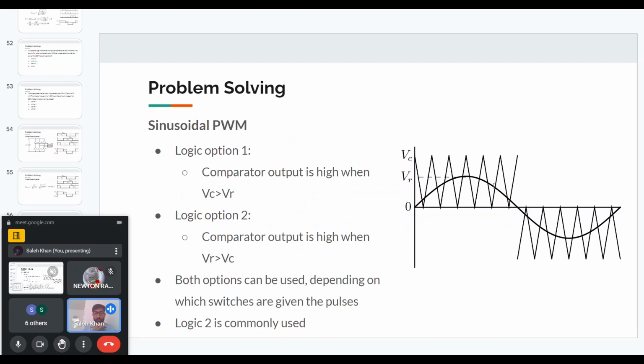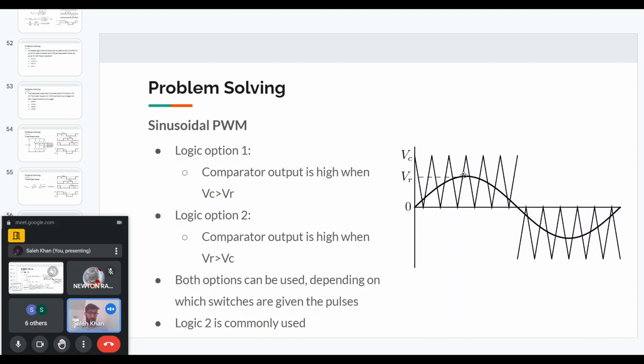Actually, it depends on what kind of logic you use to turn on the devices. Say we have a triangular carrier, which I've shown here, and a sinusoidal reference. One option is that the comparator output will be high when Vc is greater than Vr.